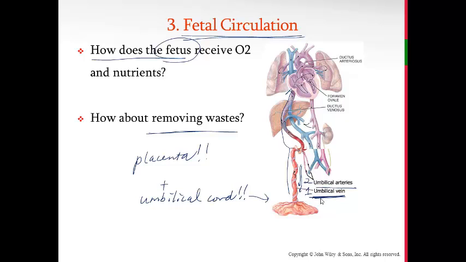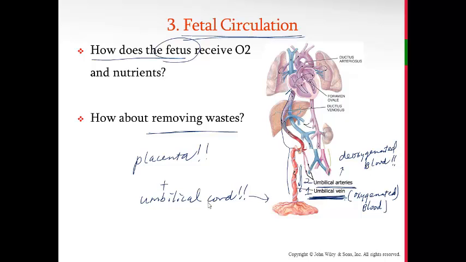Okay, so this is also one exception, but this is before birth, where the umbilical vein carries oxygenated blood and the umbilical artery carries deoxygenated blood. Okay.